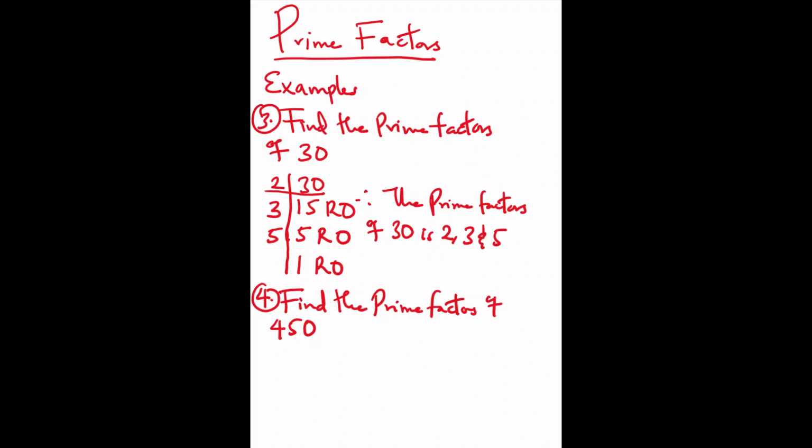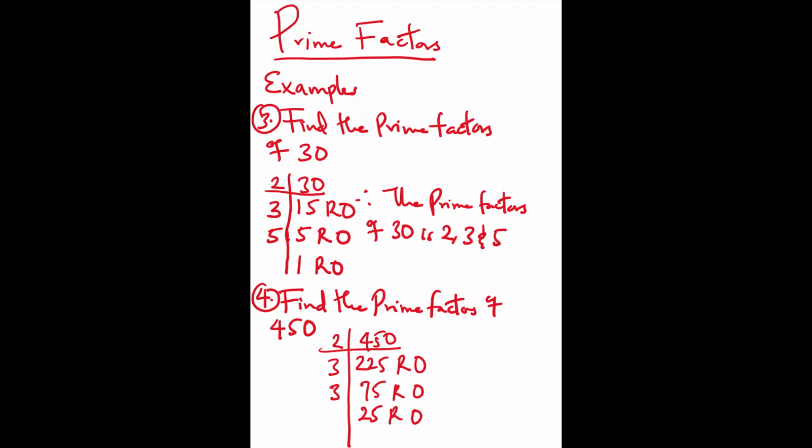So now we are going to find the prime factors for 450. I just hope we have enough space. So we can start with 2. So 450 divided by 2 will give us 225. Remainder 0. 3. 225 divided by 3 will give us 75. 75 divided by 3 will give us 25.